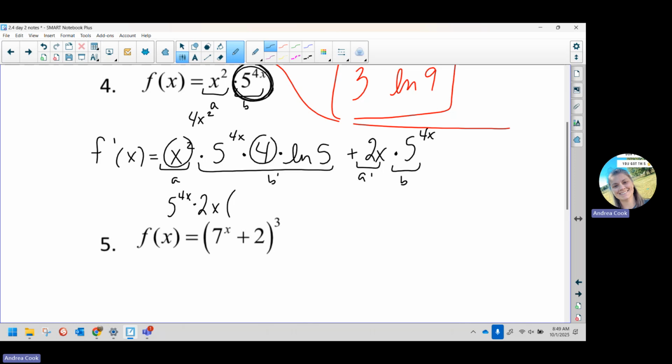So you can multiply pieces together if you're allowed to. You can't do 4 times 5 there, but you could do the 4 times the x, because this has a power, so you couldn't multiply by that. Okay, so this goes out front. A 2 from there goes out front, an x from there goes out front, and then I've got ln 5 left, and then everything goes out front.